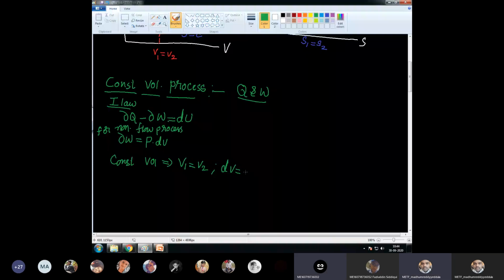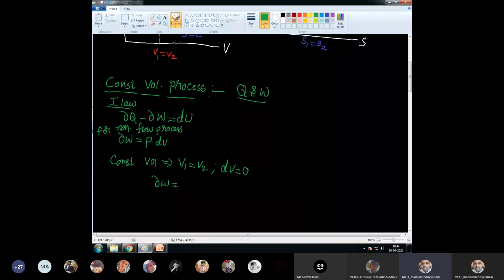When volume is constant, which implies initial volume equals final volume, therefore the change in volume will be 0. When dV is equal to 0, what about dou W? Dou W is also 0.